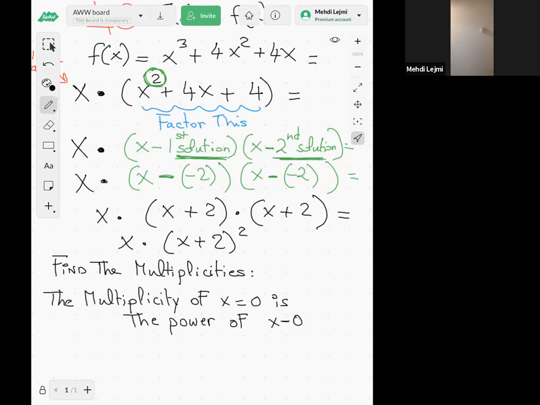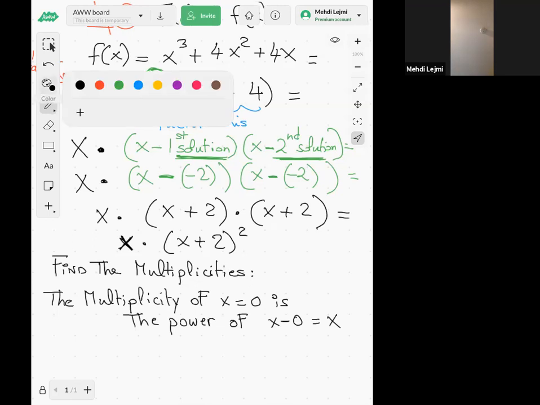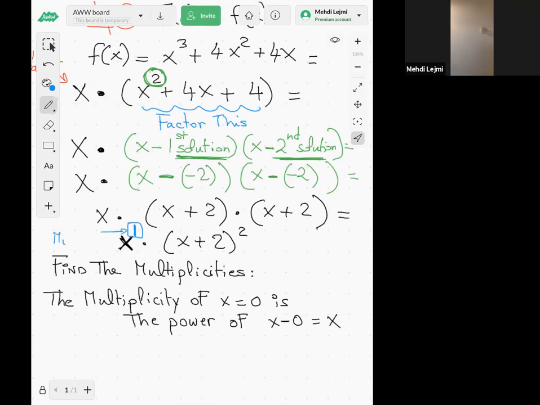So x minus 0, of course, is just x. What I'm looking for here is the power of x. So x here is actually power 1. So the multiplicity of x equal to 0 is equal to 1 because we have x power 1.